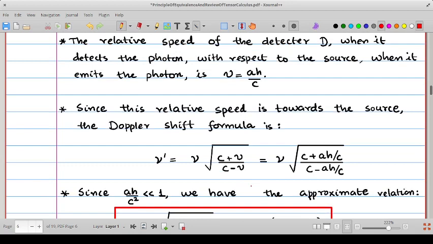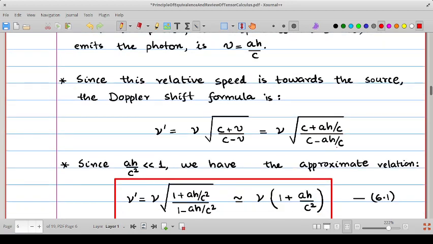So using the formula relating the frequencies of the observed photon and the emitted photon when the source and observer are moving towards each other, which is nu dash equal to nu times square root of (c plus v) by (c minus v), and substituting for v, we have nu dash, the frequency observed by the detector, equal to nu times square root of (c plus ah by c) divided by (c minus ah by c).